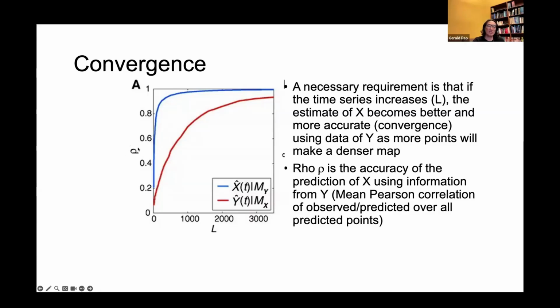And this row here is observed versus predicted mean over all the predictions that you do. And then you can see that if you converge, meaning with more data, it becomes more accurate. That is another criterion that is necessary to show that you actually have real causality. That's not just by chance, that you actually have some similarity.